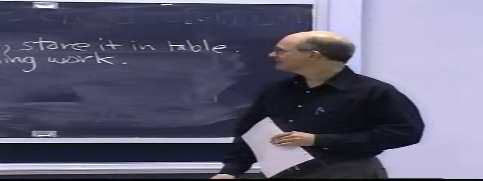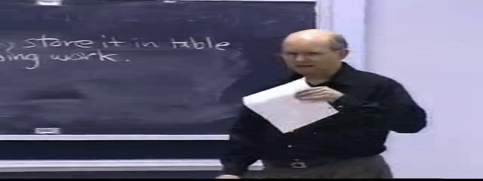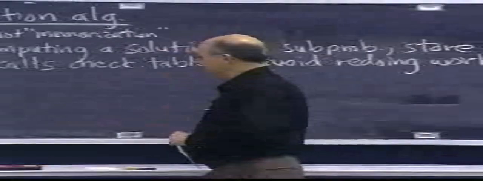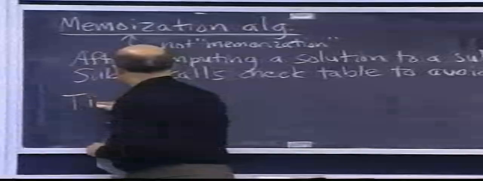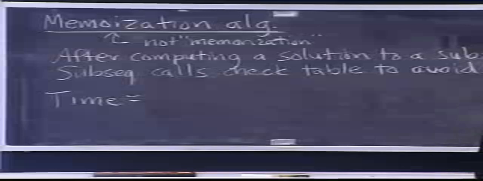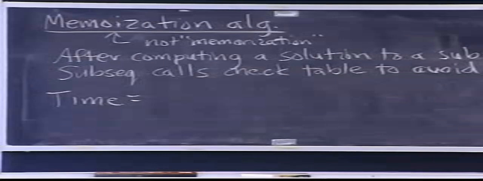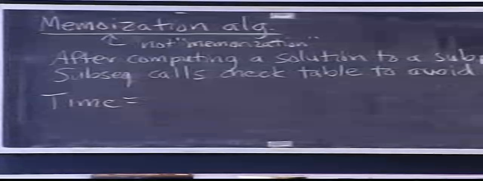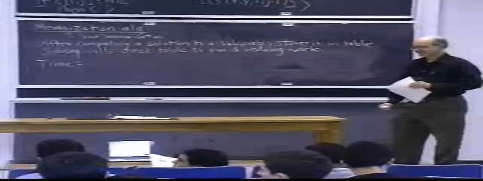Okay. So what's the running time? Yeah. The time to compute a subproblem, and then the number of times that the subproblem is repeated, the time that it takes to check it each time.